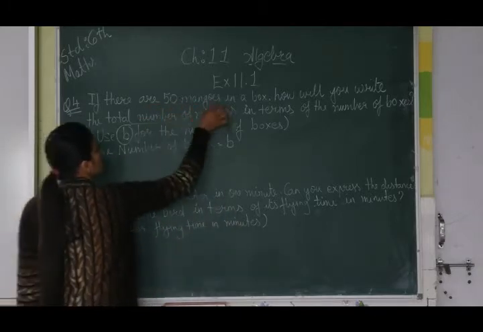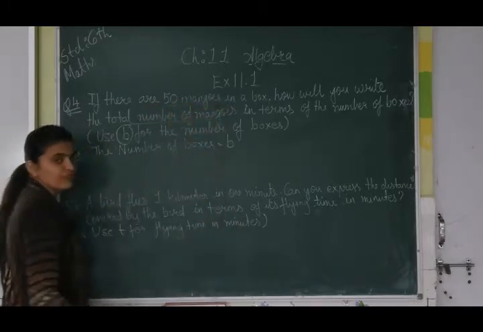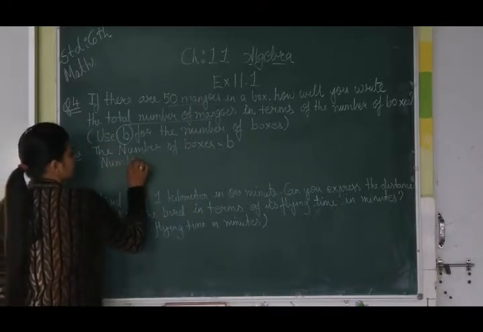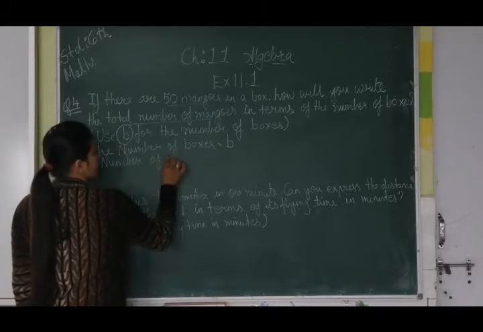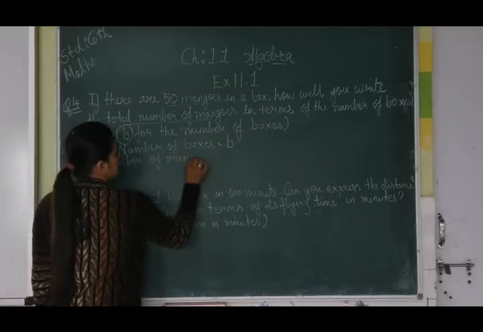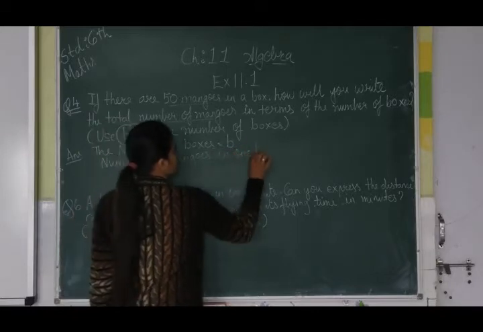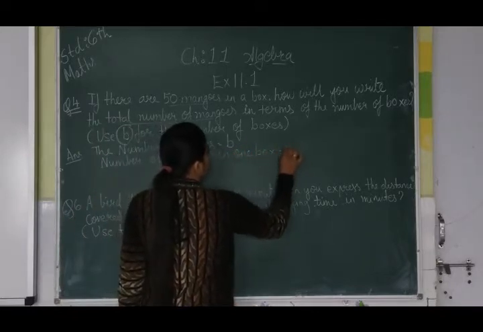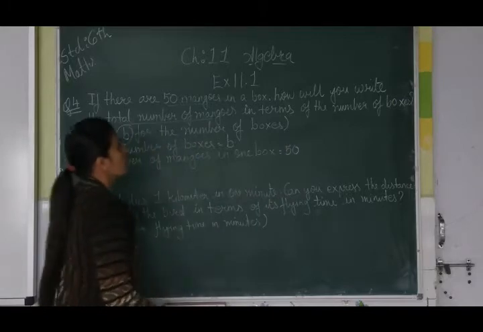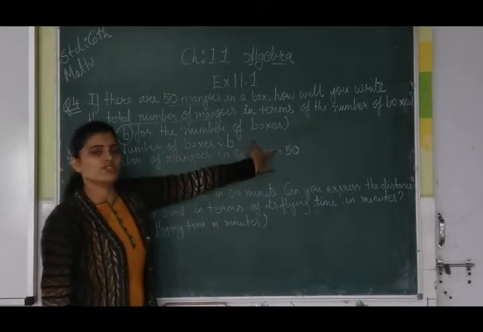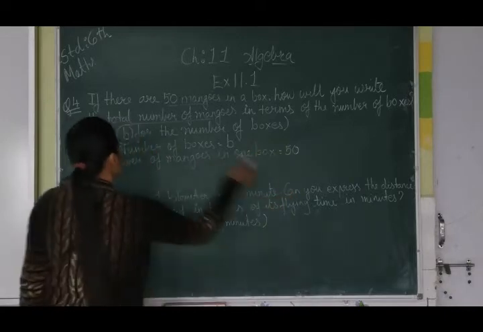Now in each box how many mangoes are there? 50 mangoes are there. So number of mangoes in one box will be equal to 50. So if we want to find out the total number of mangoes, we have to multiply these two. Yes or no?